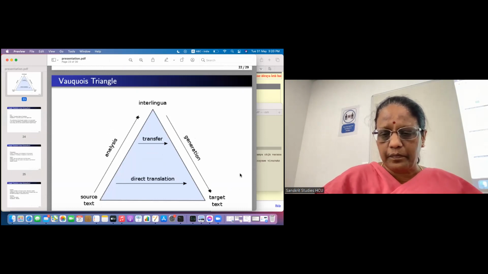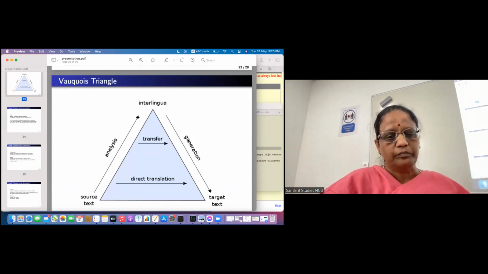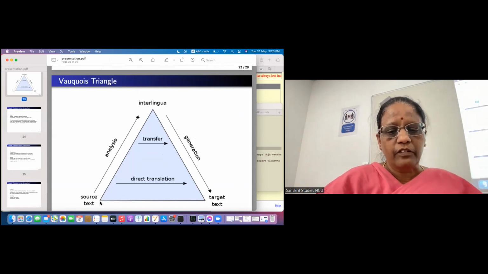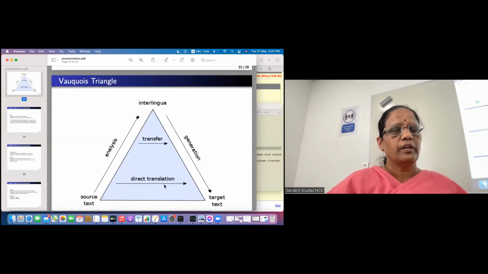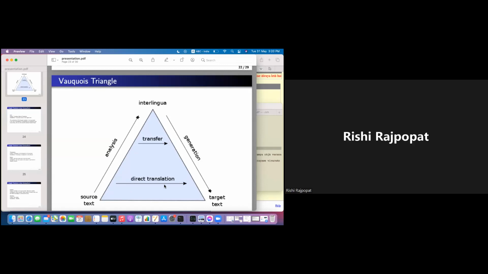This triangle tells us that when you want to translate from one language to another, there are 3 different approaches. One is the direct translation. Essentially, you are looking at only 2 languages and try to model a system such that you can go from one language to another.